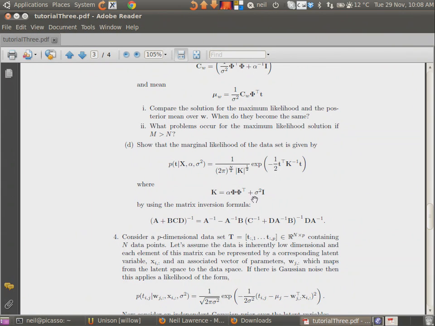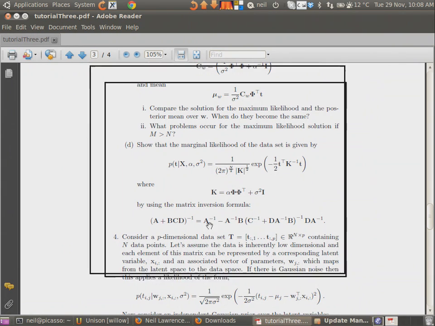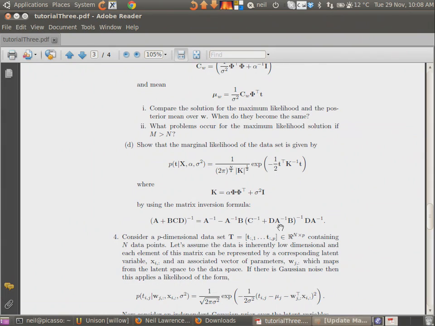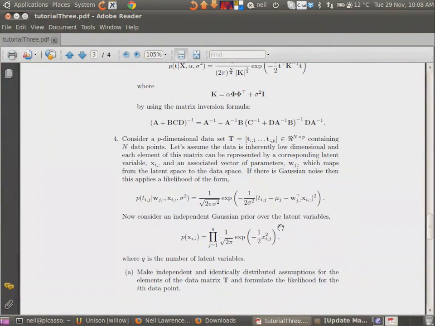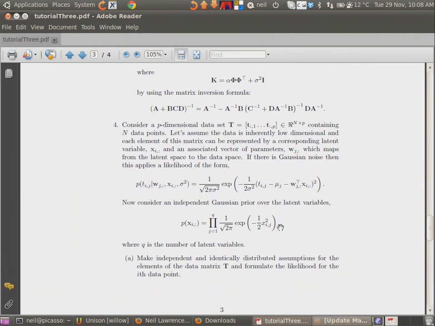So we're playing with that marginal likelihood, and here I've given you the matrix inversion lemma for helping you do that marginal likelihood. And then the final one, which I need to run through now actually, is principal component analysis. So you get a multivariate data set, P features and N data points. So that's that notation saying that it's N rows and P columns.